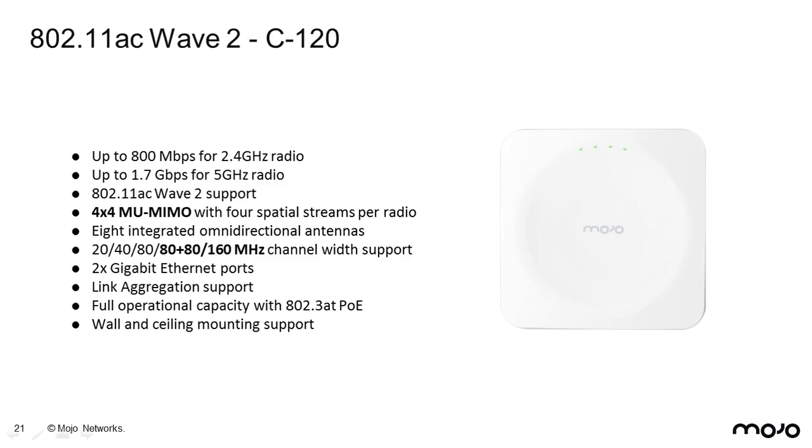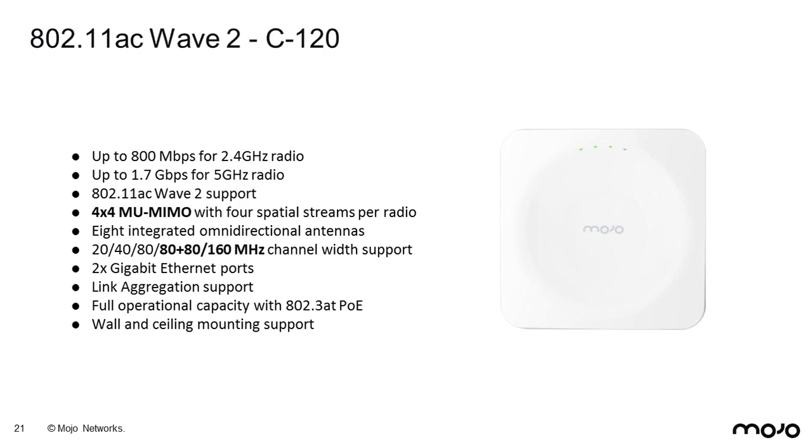So if we have 800 megabits per second max data rate, not throughput, but max data rate on the 2.4 gig radio, and we have a 1.7 gigabits max for the 5 gig radio, if you do the math, you have like 2.1 gig of a max data rate.